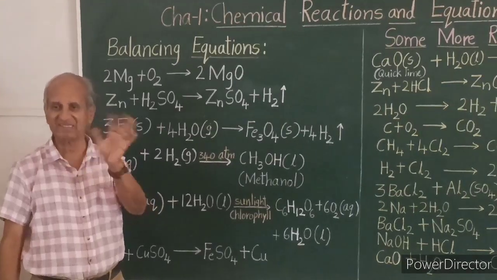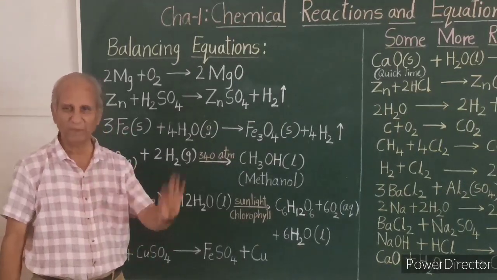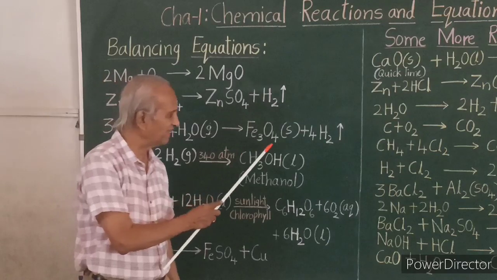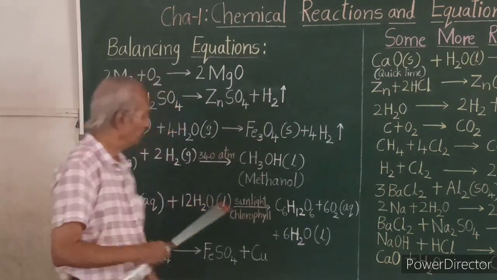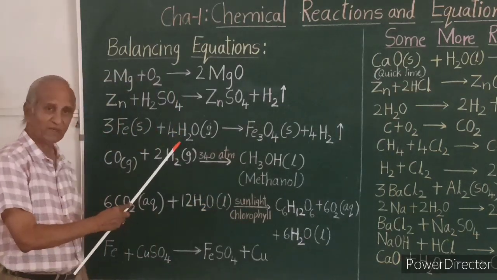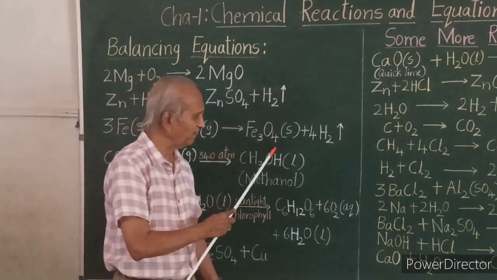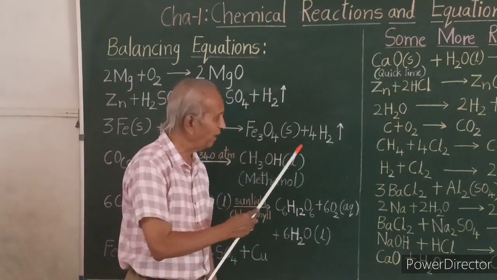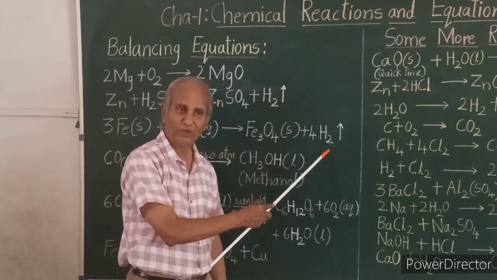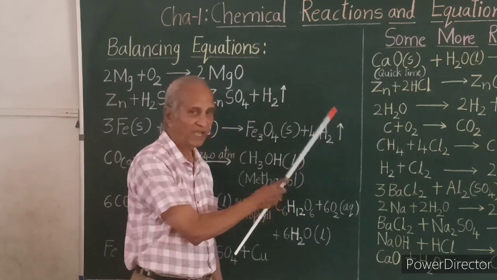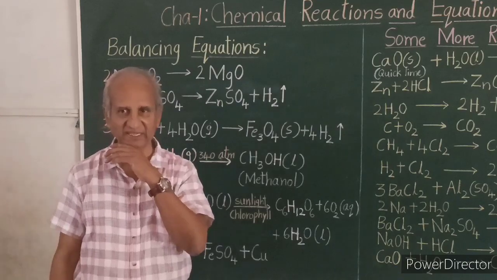We won't go to ferrous and ferric now, unless there is a lot of confusion. I will call it iron oxide. Iron plus vapor or moist air, moisture in the air, gives us iron oxide plus hydrogen gas. Hydrogen gas is getting liberated.